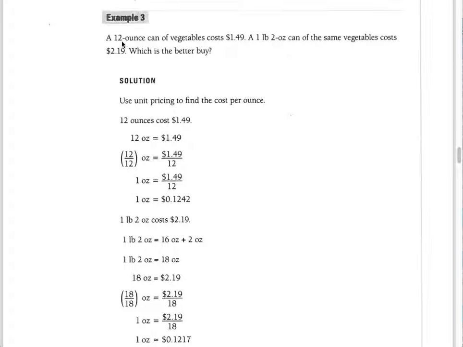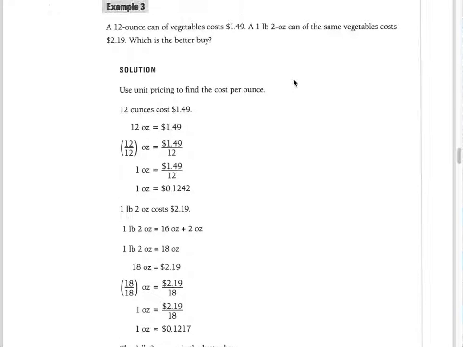Now here it's saying that a 12-ounce can of vegetables costs $1.49. A 1 pound 2-ounce can of the same vegetables costs $2.19. Which is the better buy? So how do we organize this? We really want to know the cost per ounce. It would be a reasonable way to look at the unit pricing and see which is a better buy.